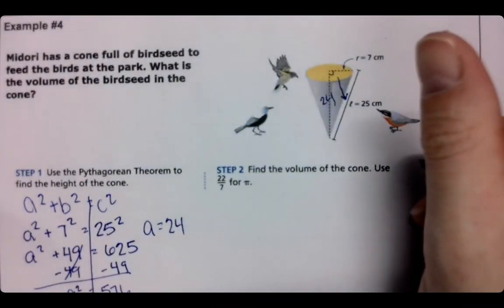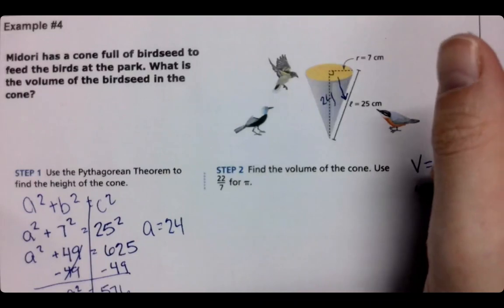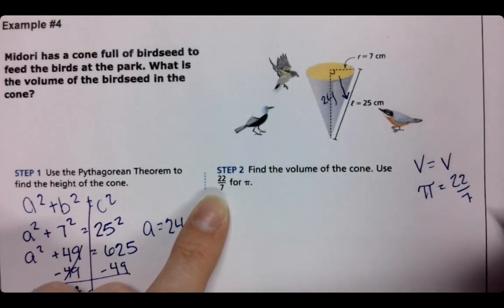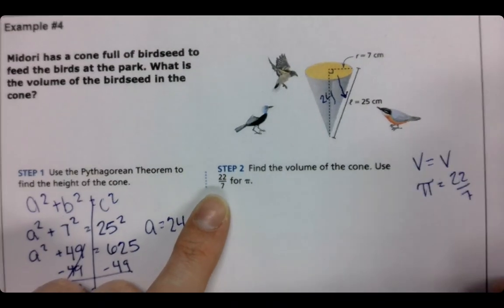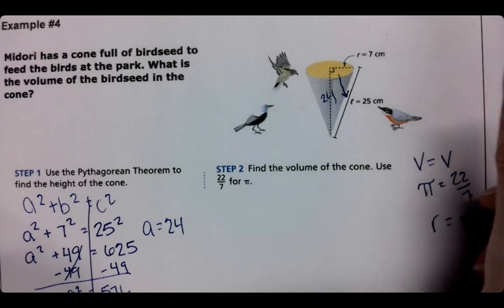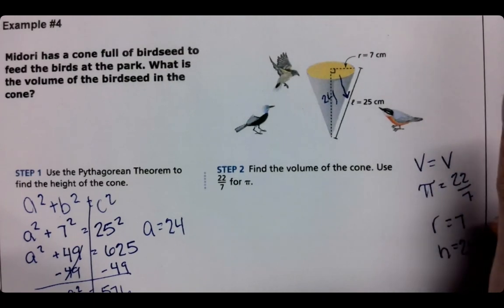So when I go to plug in for volume, we don't know it. We know that pi, they want us to actually use 22/7 instead of 3.14, which is fine. We know that the radius is 7, and we know that the height is now 24.